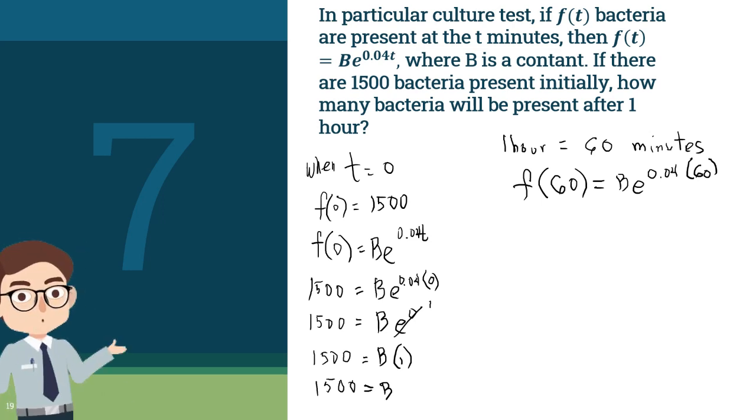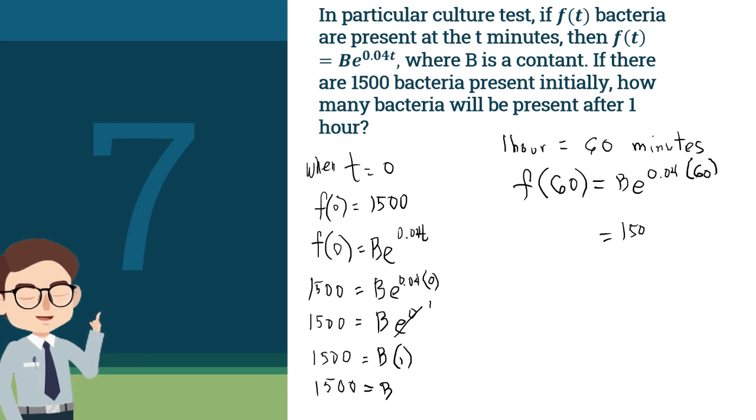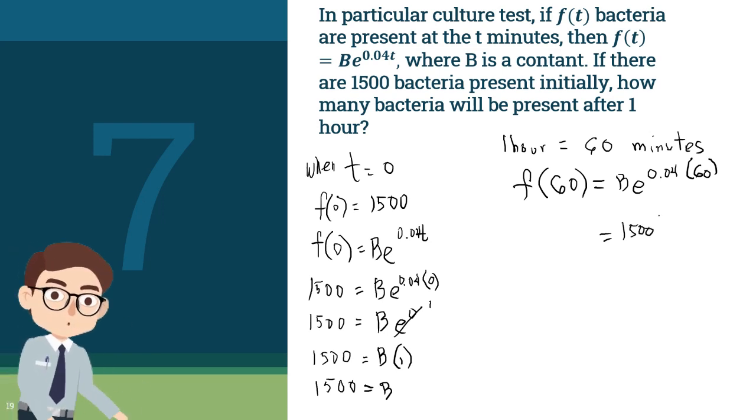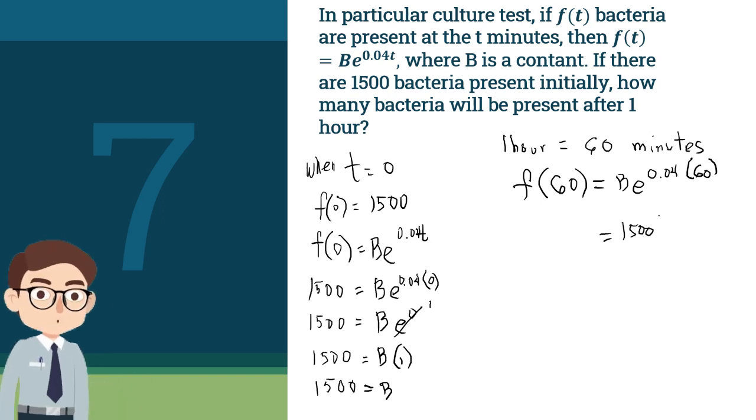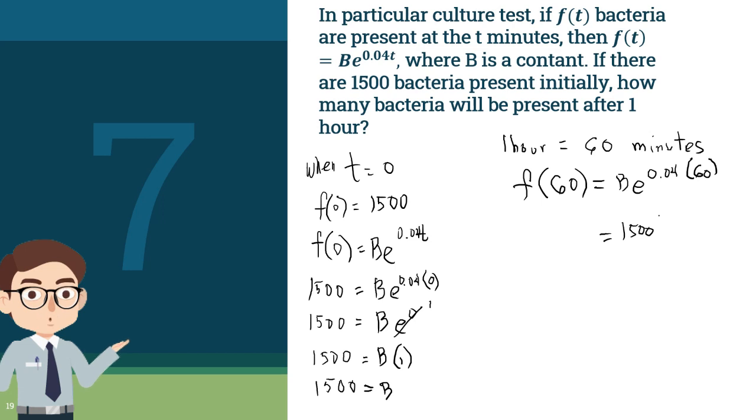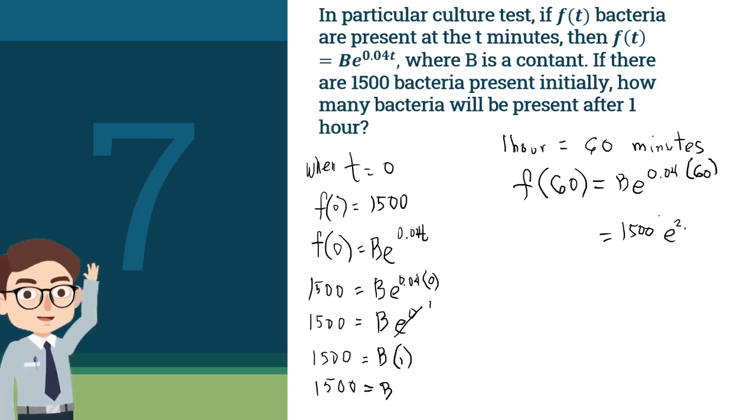Simplifying it, we will now have the value of b, that is 1,500, raised to 0.04 times 60, that is 2.4.